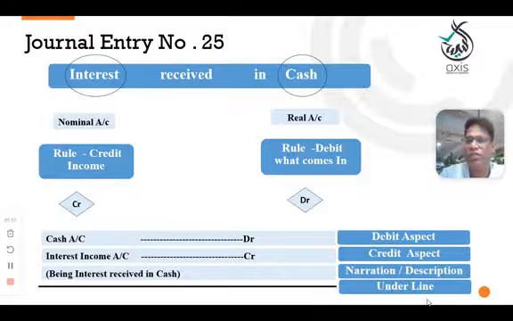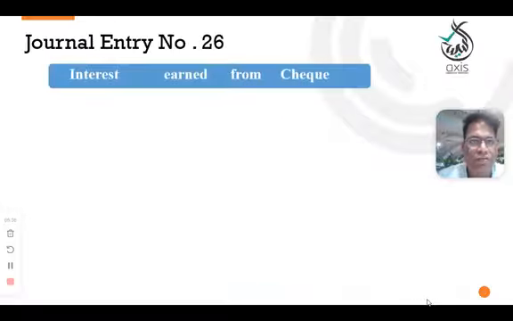Hope you understood. Just focus on the name of the income and the name of the expenditure; the remaining thing is either a personal account or a real account. Every transaction is a combination of accounts.